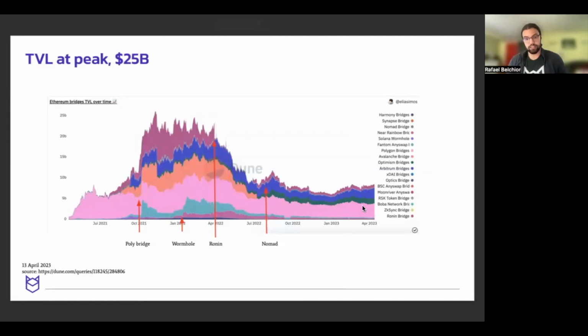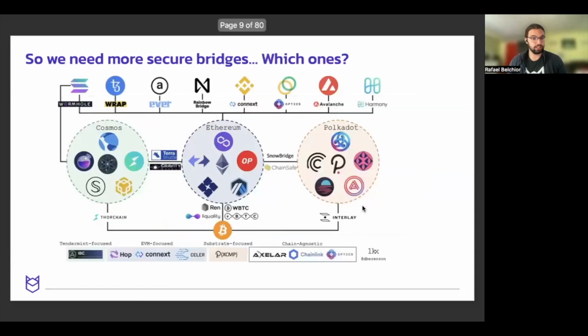So we can see in this graph that the total value locked at its peak by bridges was around $25 billion, which is considerable. And we've also witnessed the plummeting of that value when the different major bridges were hacked. We can see the Poly Network bridge, Wormhole, Ronin, Nomad hacks, and their influence on the total value locked.